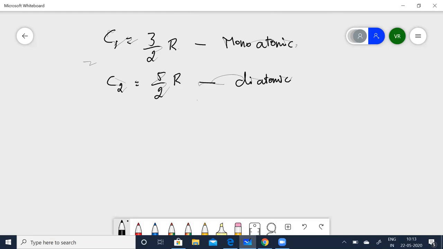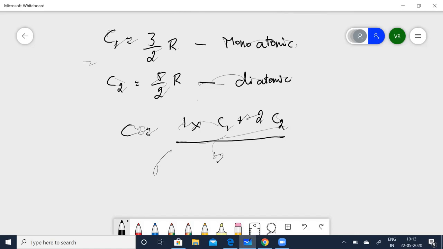So the specific heat of the mixture is now going to be, we can apply the formula we saw in the revision notes. C is equal to mu1 C1 plus mu2 C2 divided by mu1 plus mu2, so 1 into C1 plus 2 into C2 divided by 2 plus 1.